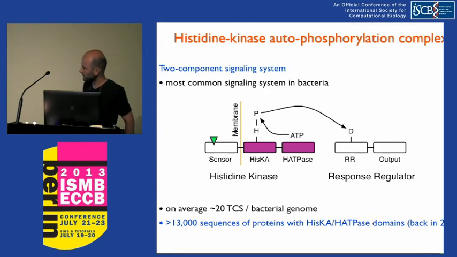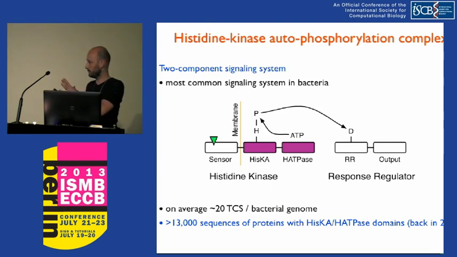It's a transmembrane protein, and if a signal is received by the sensor domain, which is extracellular, then this histidine kinase domain auto-phosphorylates a conserved histidine residue, and then this phosphoryl group gets transferred to a response regulator, which gets activated, typically as a transcription factor.